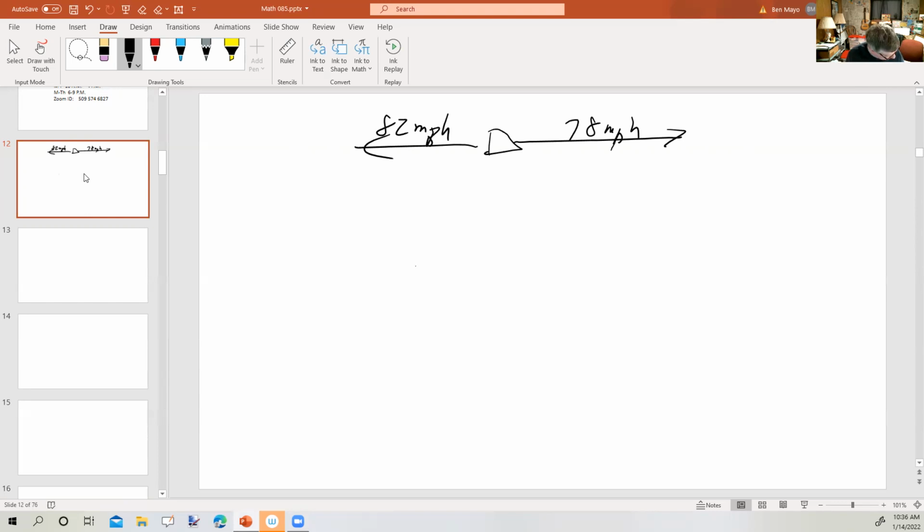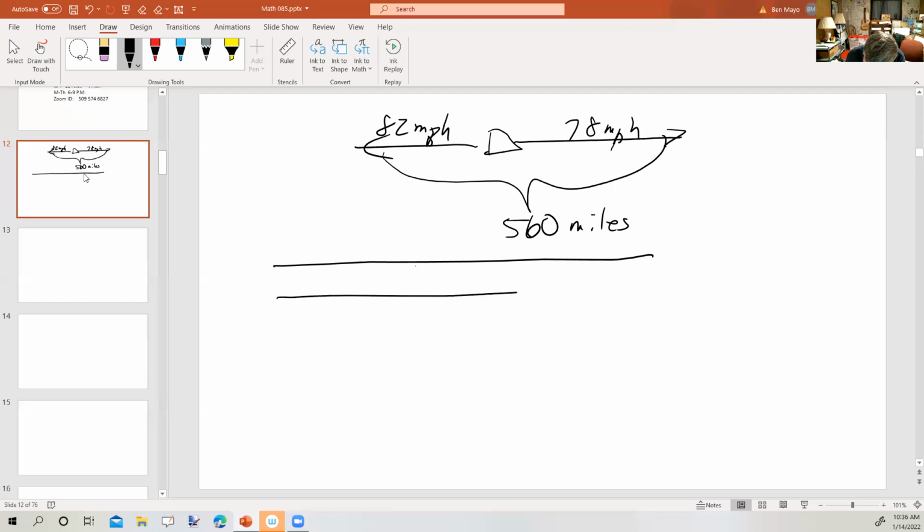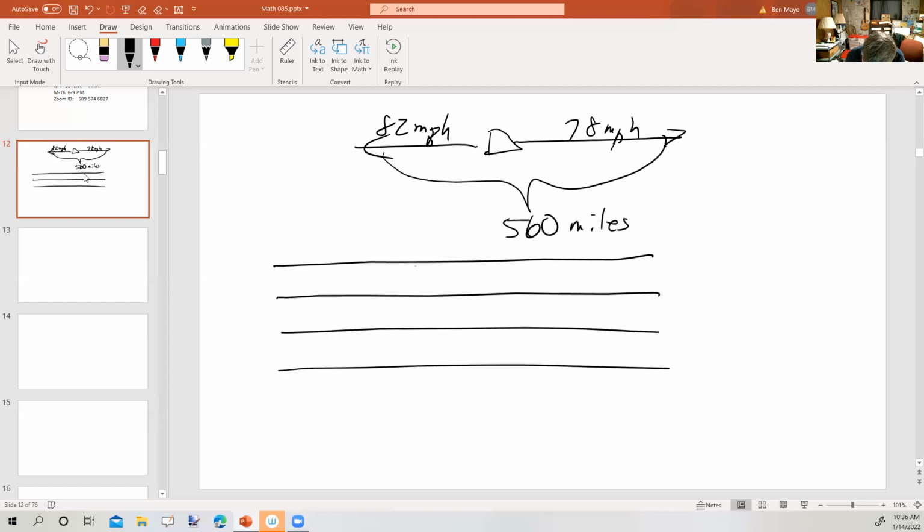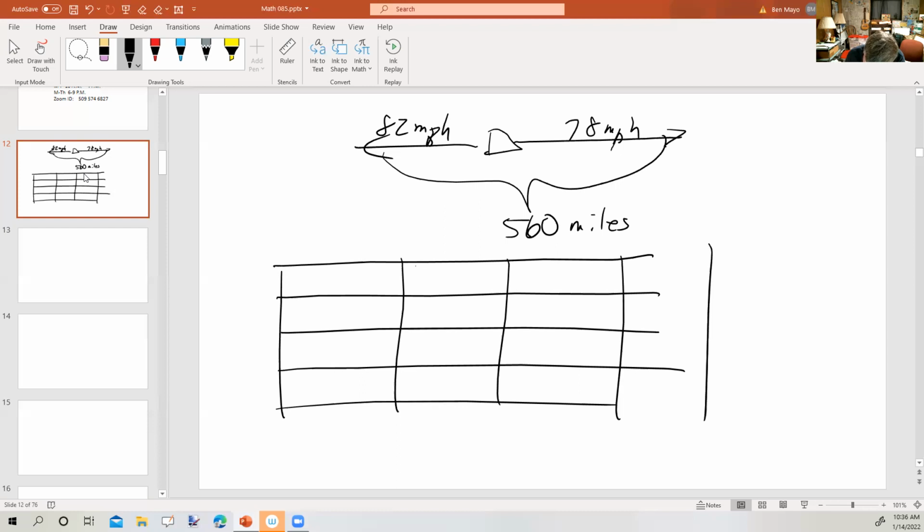And the total distance is 560 miles. Okay, so let's make a table, and we'll say distance equals rate times time.